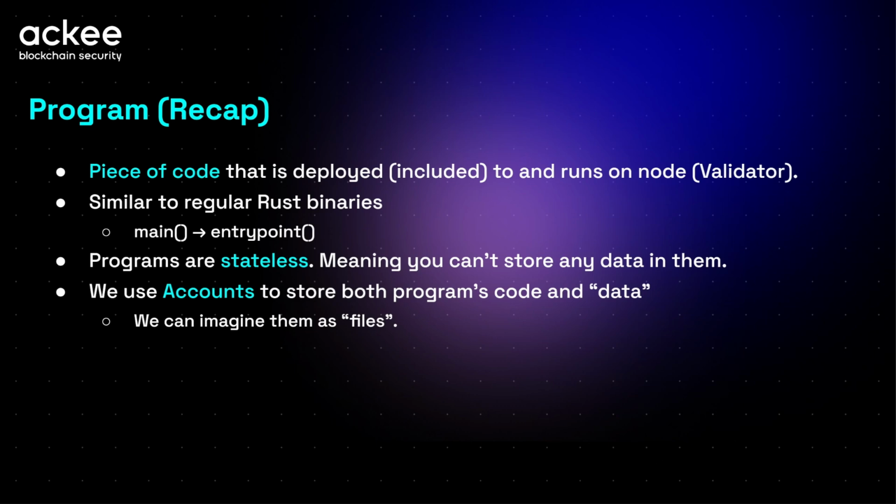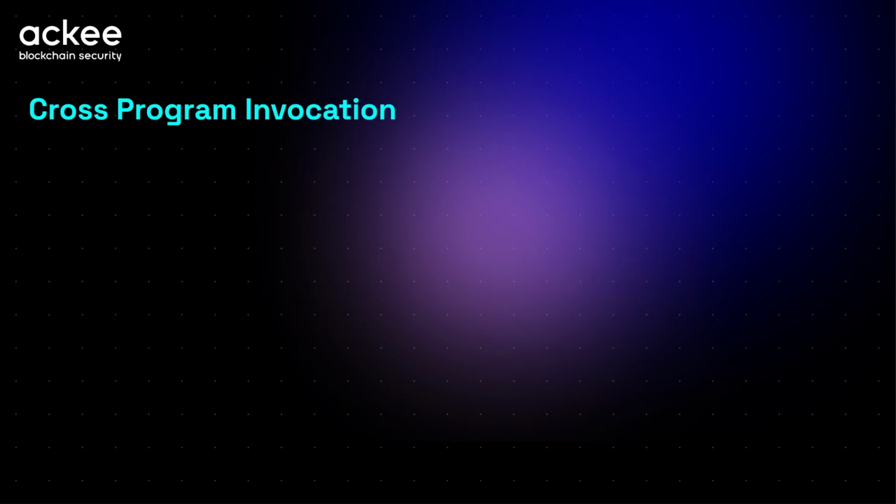Last but not least, we use accounts to store data and also program code. You take the source code and call, for example, anchor build or cargo build-sbf. These two commands create the .so binary, and you deploy this to the Solana network. So this is the recap, and now let's continue to the Cross Program Invocation.